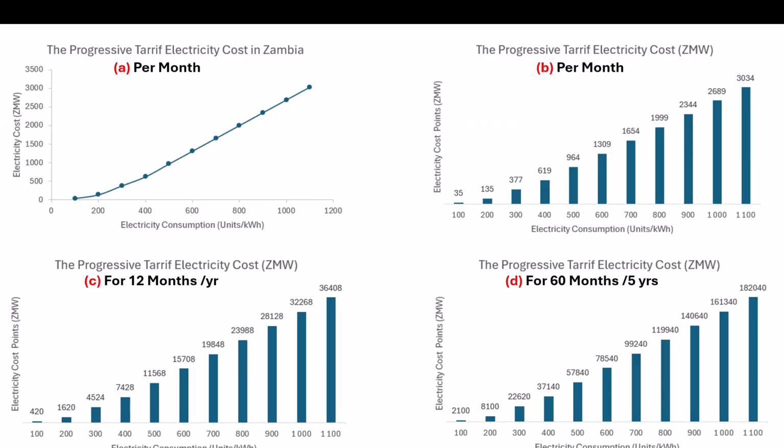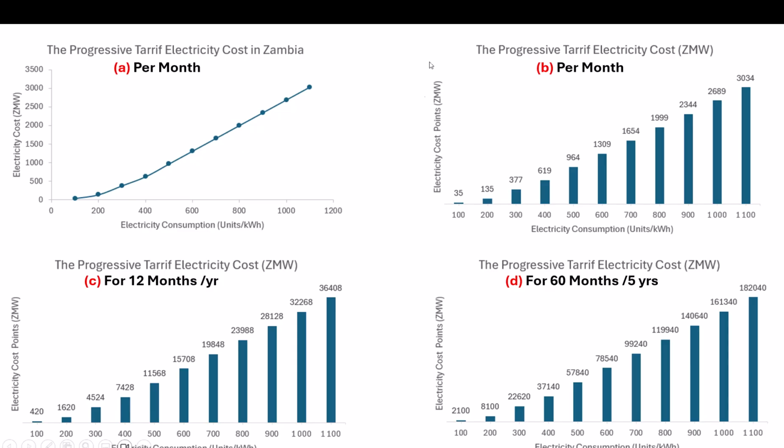So when we look at how the electricity cost actually changes, we have the 4 plots that give the progressive cost per month. We see that as your units increase from zero consumption up to about 1,100 units, there is a progression in your consumption cost, which gives you a curve that is forever rising.